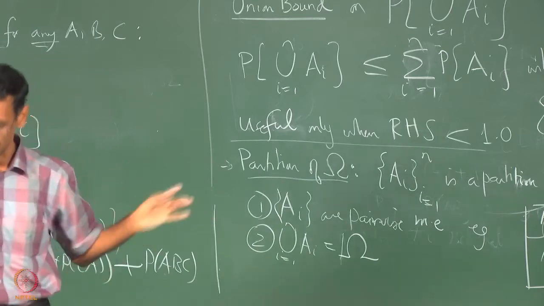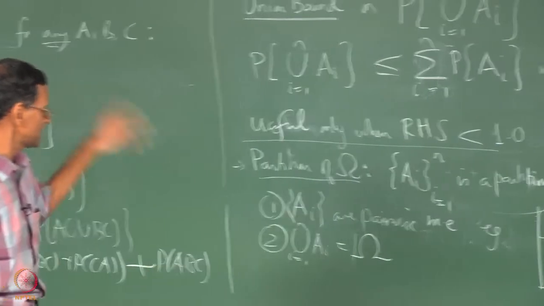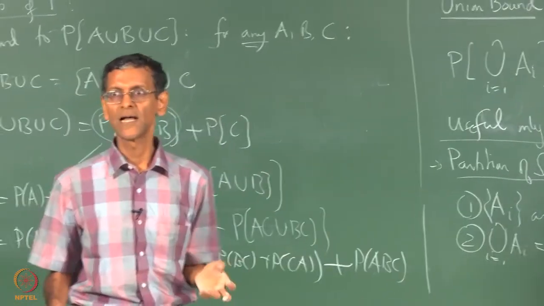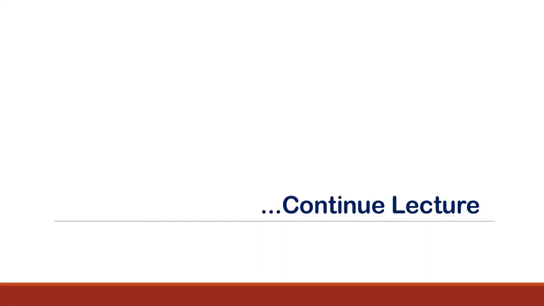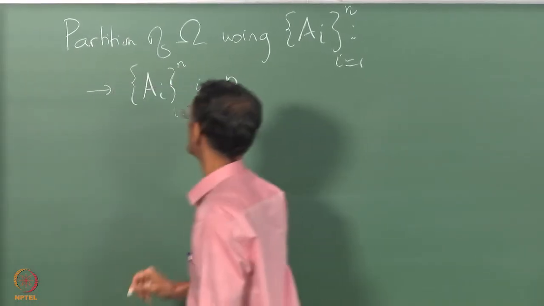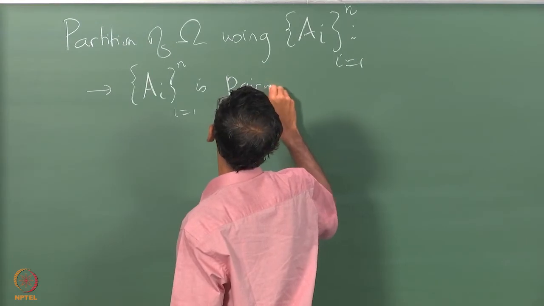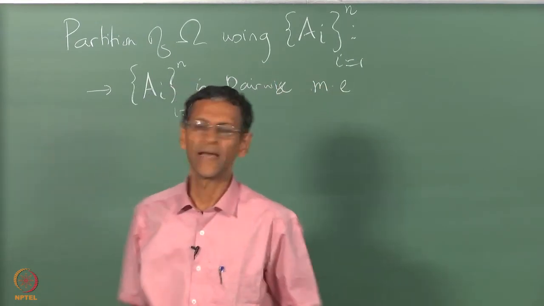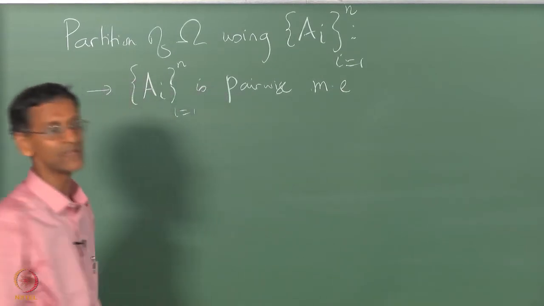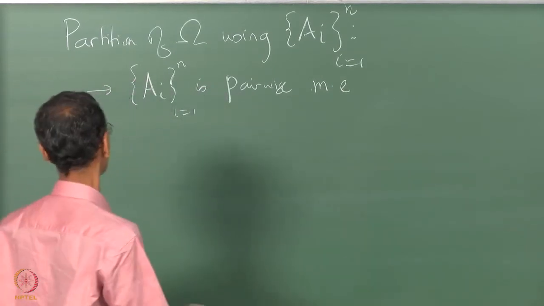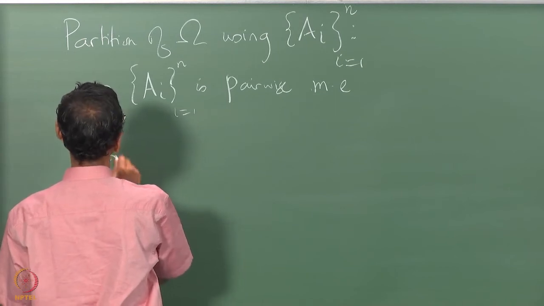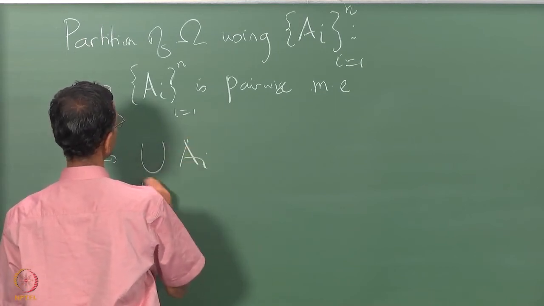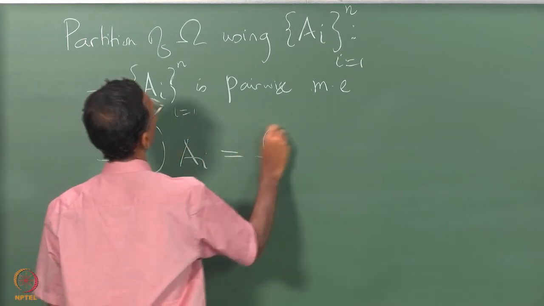We will pick up this last thing, maybe I will say it again in tomorrow's class. So I have n divisions of omega basically, n non-overlapping divisions of omega, and their union, of course, is omega.